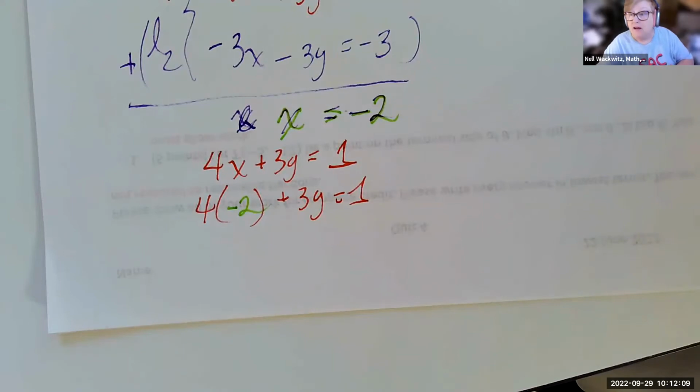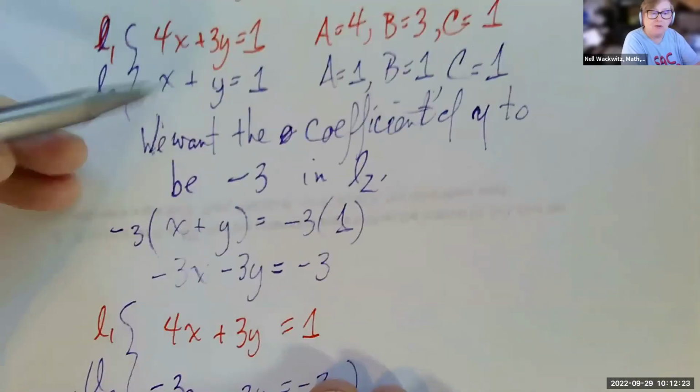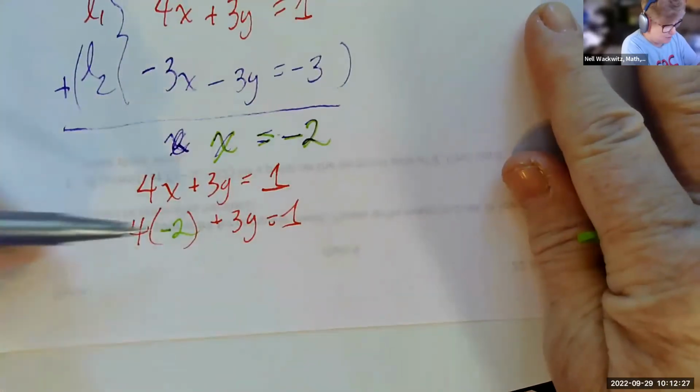Miss Dale, yeah. Since we used line 2, do we have to use line 1? No, we have not yet used line 2 to find anything. We used line 2 to eliminate, but that's not the same as using it to find something. Oh, okay.